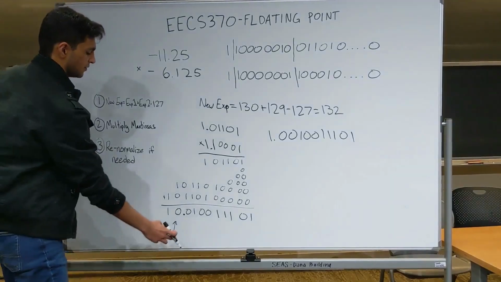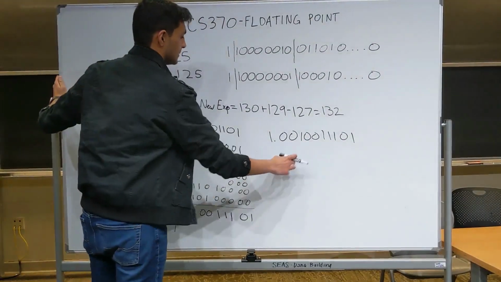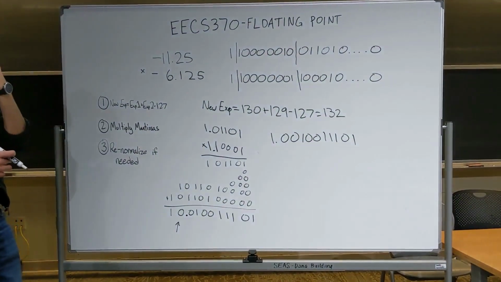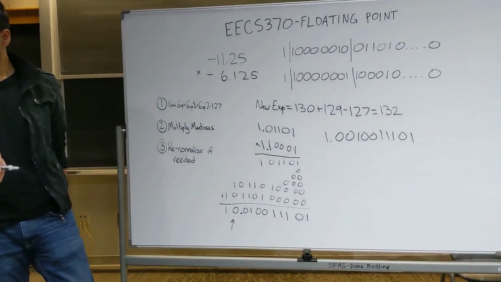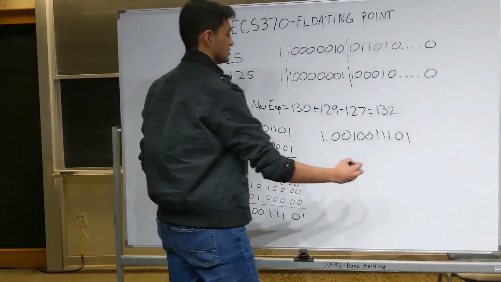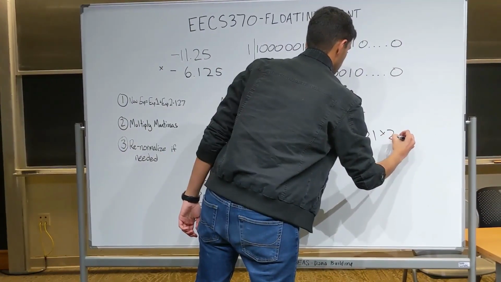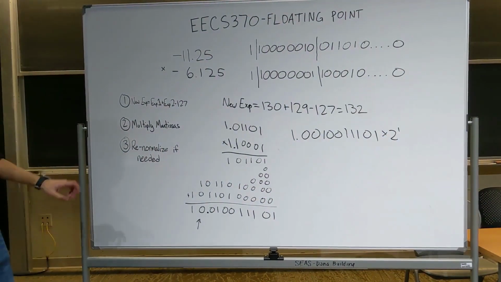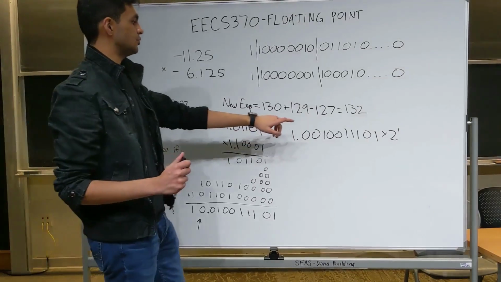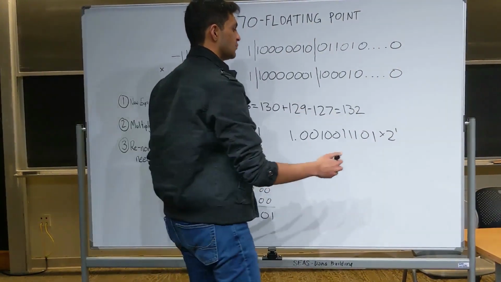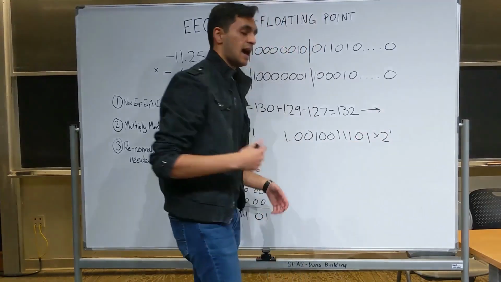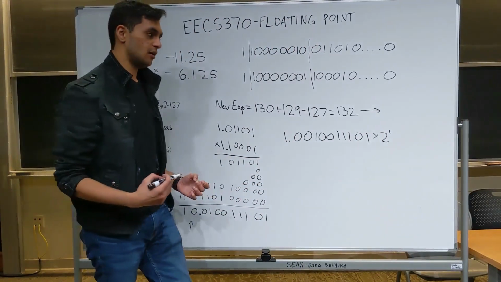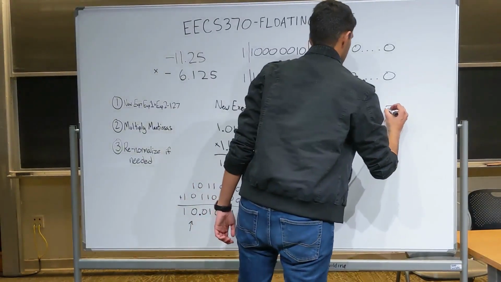And in order to convert this number to this number, we need to multiply by 2 to the power of 1. Because of this, we originally calculated our new exponent as 132. If we converted this to the actual exponent value of the original number, it would give us 5.